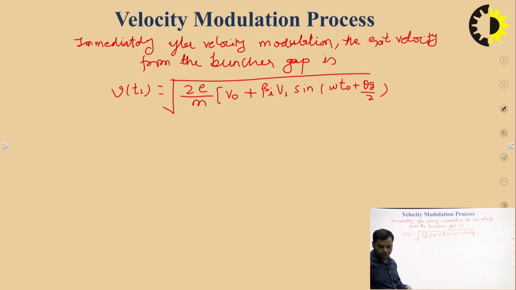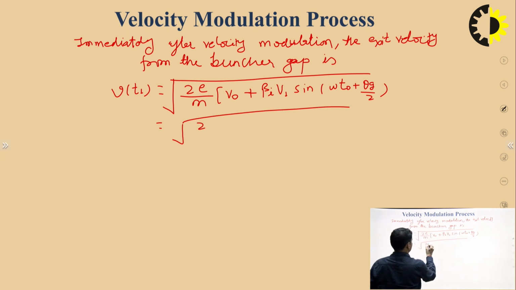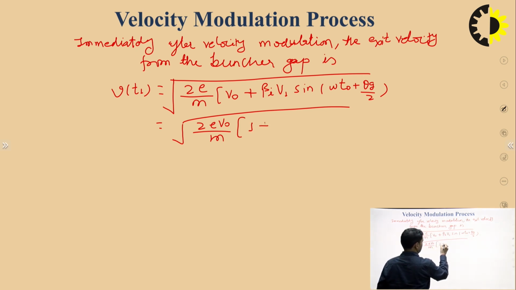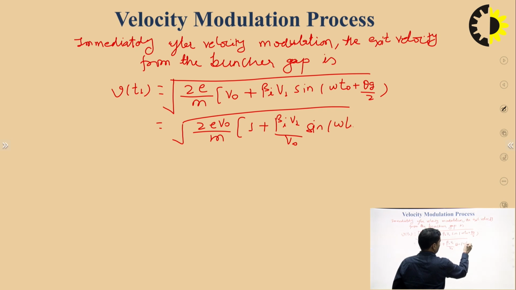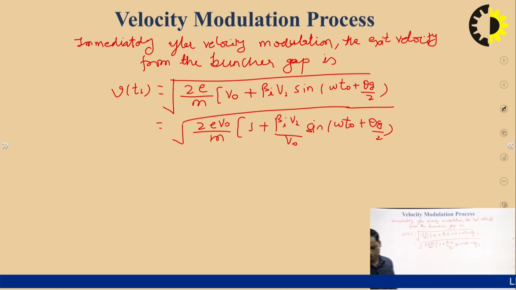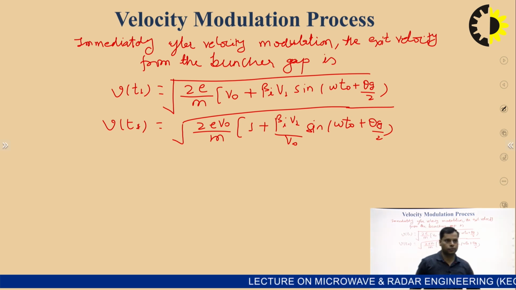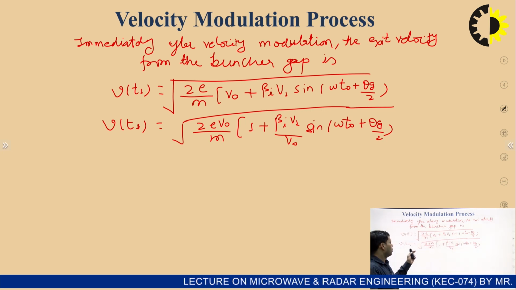Or we can arrange it into 1 plus... So, when we compare this value of velocity which comes after gap A from the buncher gap, the velocity is now represented in this form.